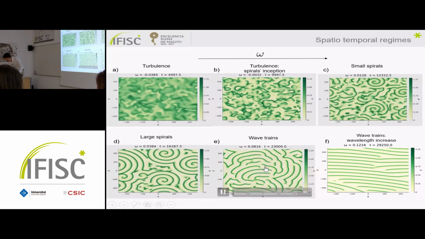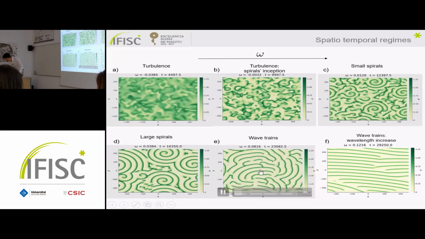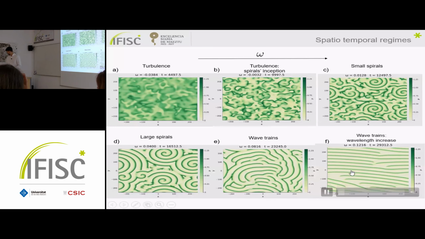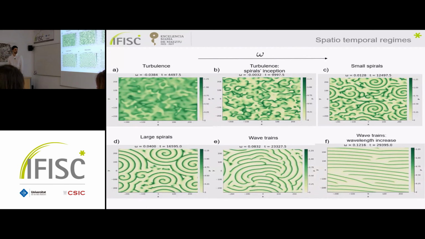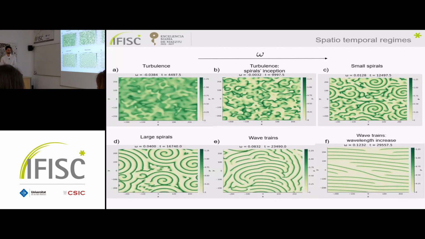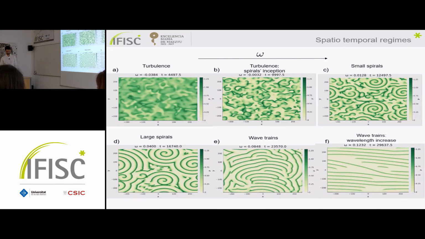At some moment, they break into wave trains, and these wave trains become flatter and start to be destroyed from the tips until the system goes to the bare state.